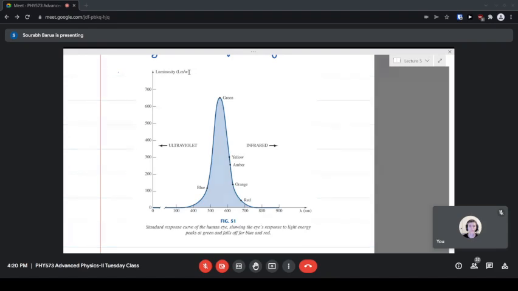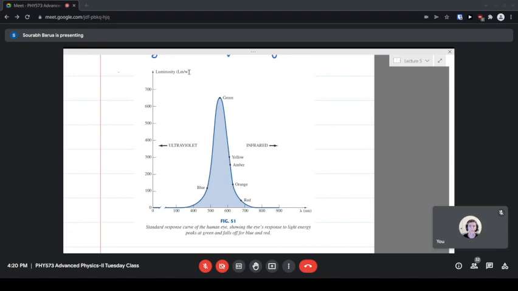Assuming the same power or same luminous intensity of light of various wavelengths is falling, it will give the appearance that the green light is the most intense, even though all the wavelengths are falling with the same power or same intensity.